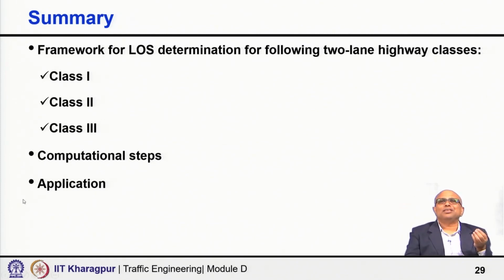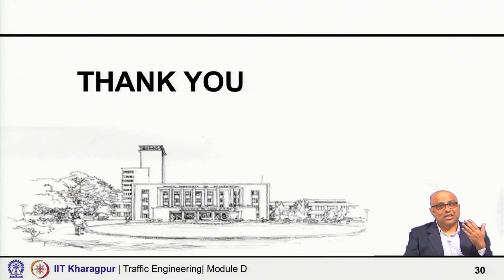Then I took one example problem of a class 1 two-lane highway segment to show you, given all the data, how you can calculate the LOS, and to conclude also that for two-lane two-way highway segments, even at a much lower volume, the level of service deteriorates very fast. With this, I close this lecture. Thank you so much.